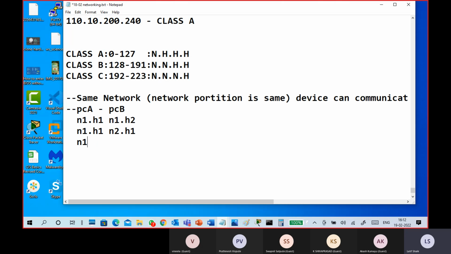Network portion means we check whether the network portion is same or different. This also won't communicate.